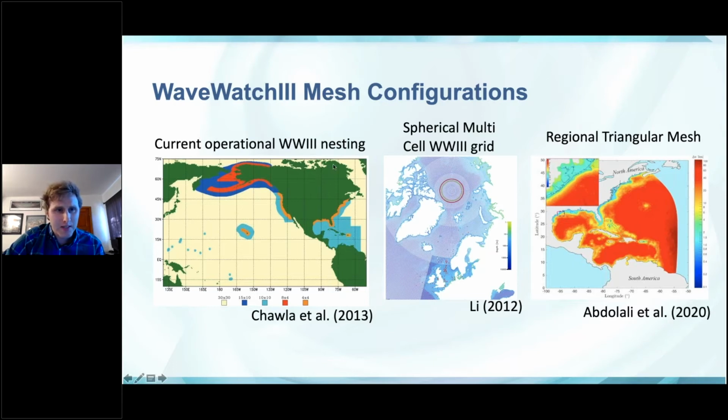The disadvantage to this mesh is that there's a pole singularity, and as you go closer to the poles, you get smaller and smaller grid cells, which incurs a pretty high CFL constraint. And so a lot of times these meshes just cut off at a certain latitude towards the Arctic. To compensate for that, there are spherical multi-cell grids which have been developed, and these switch to a new resolution as you go closer and closer to the pole, and the latitude lines converge towards the pole.